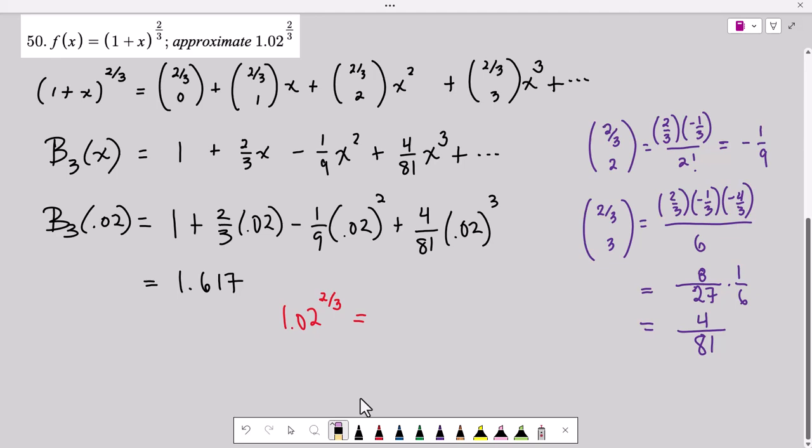Yeah, I was getting 1.013. What did you get when you typed in 1.02 to the 2/3? To the 2/3 is roughly 1.013.